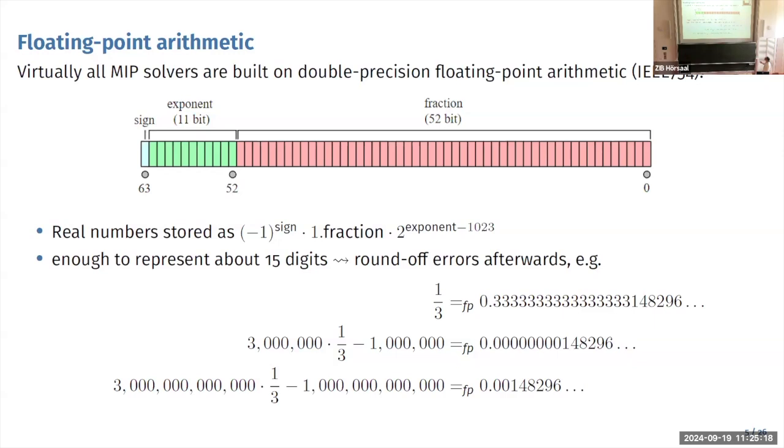Okay, but as soon as you have integers or numbers that are larger than 2 to the 52, you will not be able to represent everything down to the point.